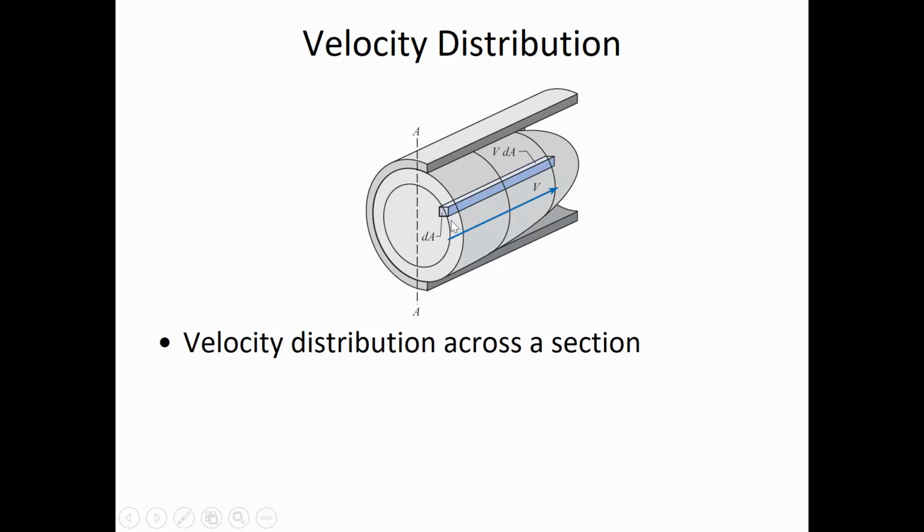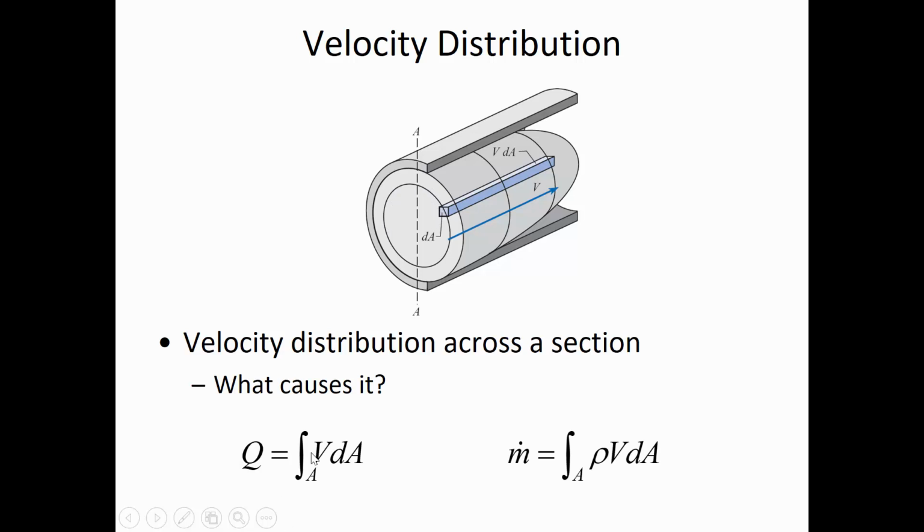We would assume that we have the same velocity at all points as we go around that circle. If you have such a profile where you know the velocity at all points is a function of the radius, then you could integrate those differential areas with their respective velocities and find the volumetric flow rate that way.